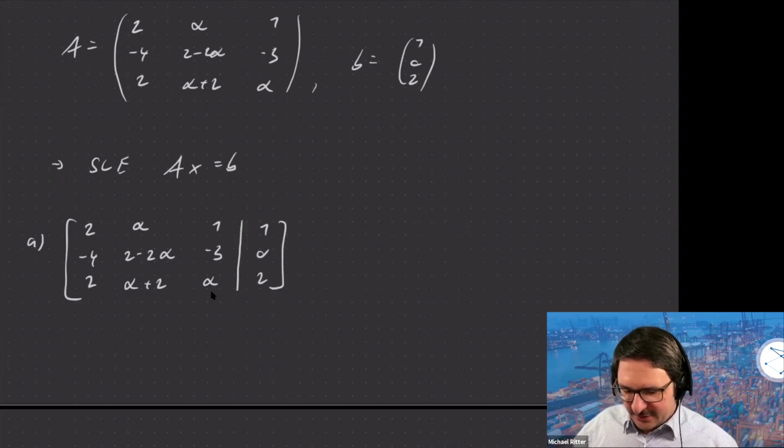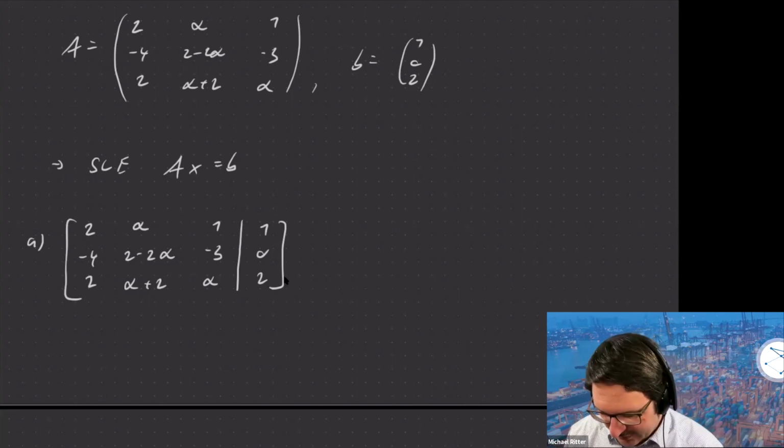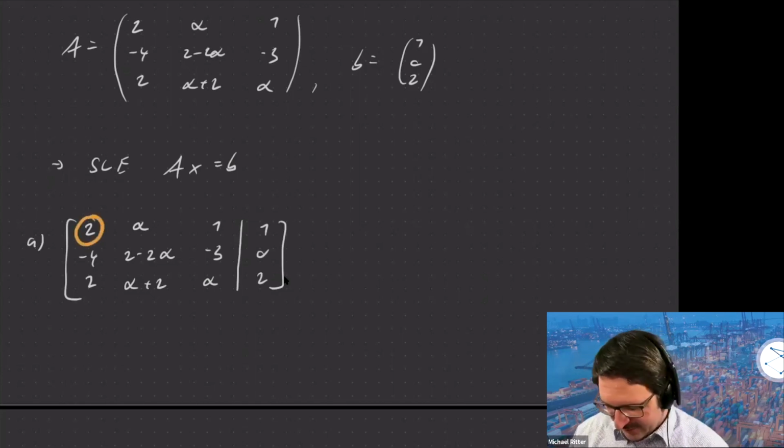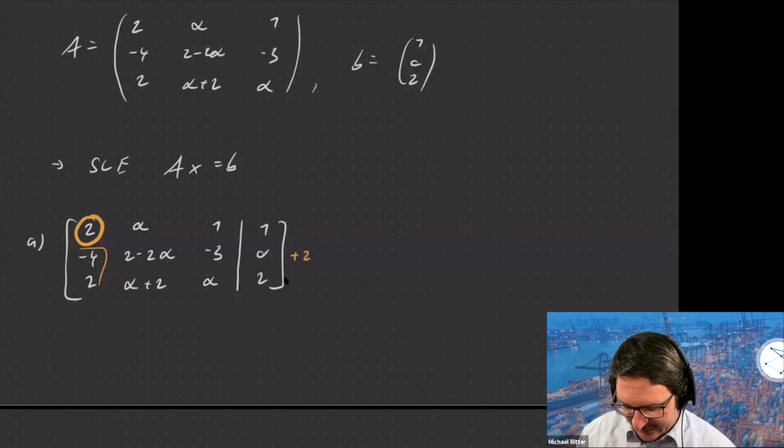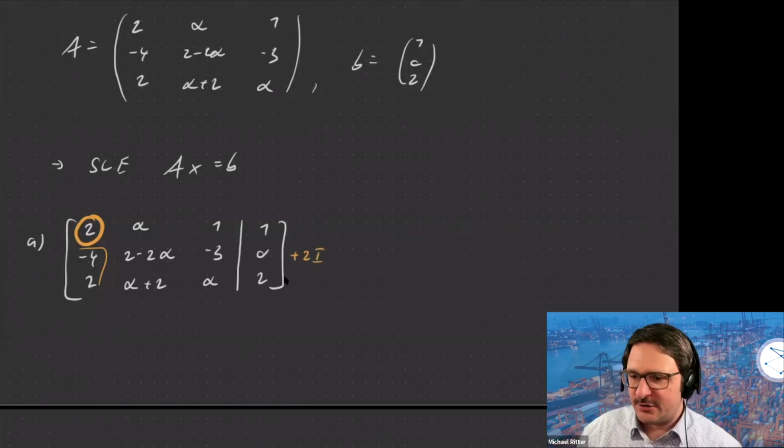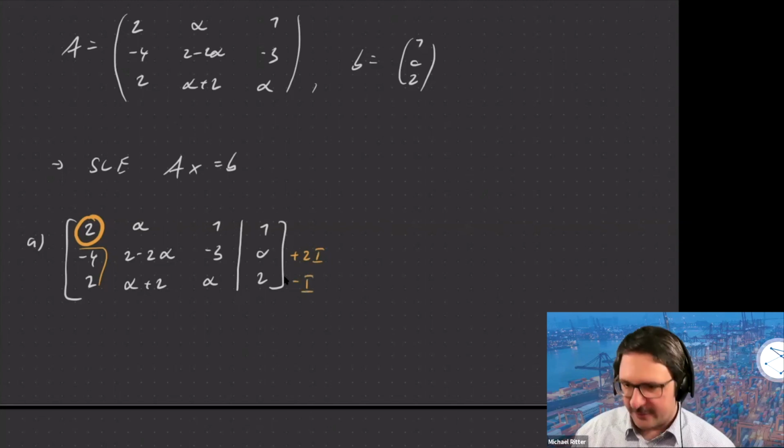And to solve that, what we can do is we can take this here as a pivot element. There's no alpha in here, so no problems with alpha so far. What we have to do is we have to add the first row to the second row 2 times and subtract it from the third row once.